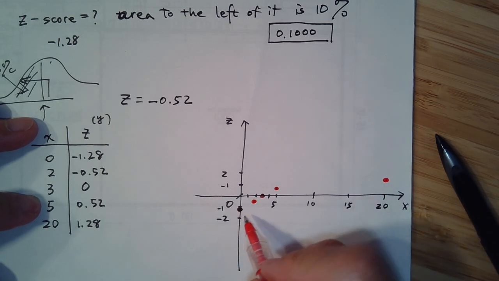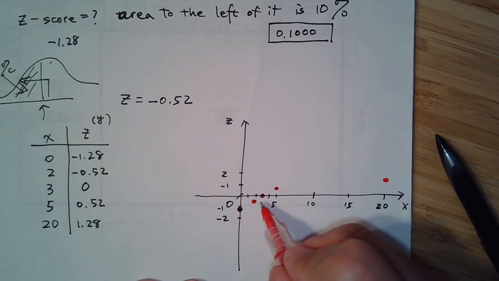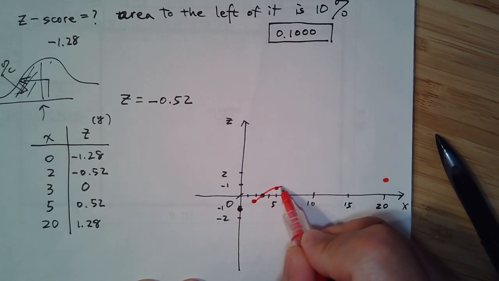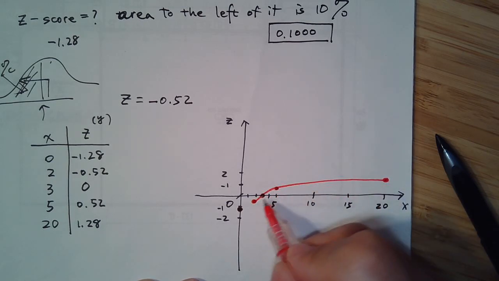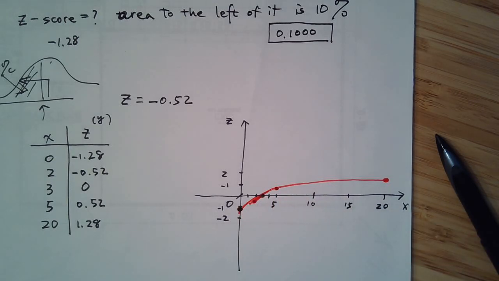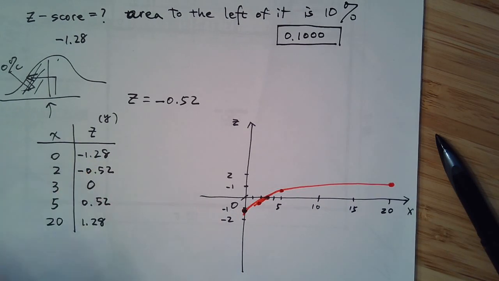Okay, so if you connect them, it goes from here, it's already getting slower, and well, this is not a straight line.